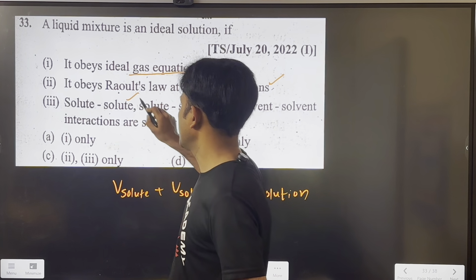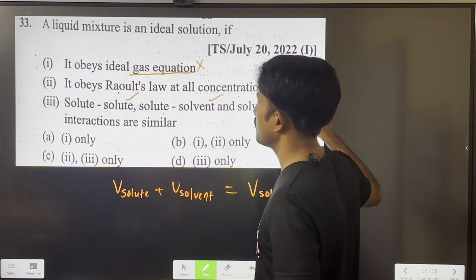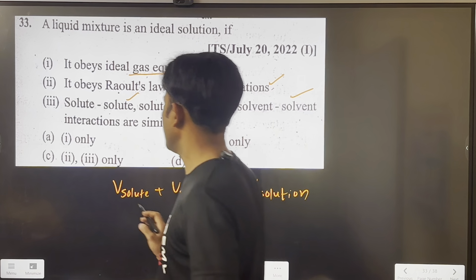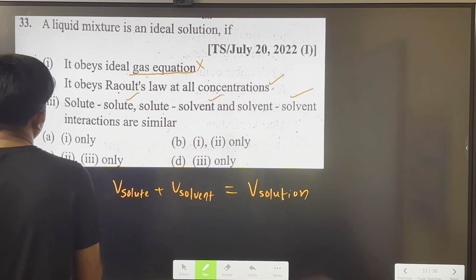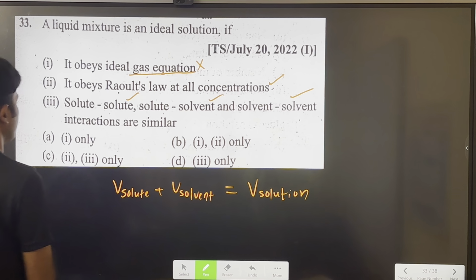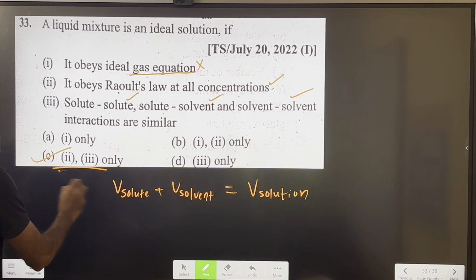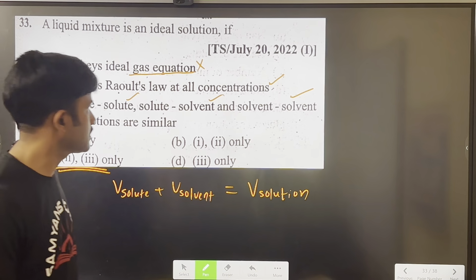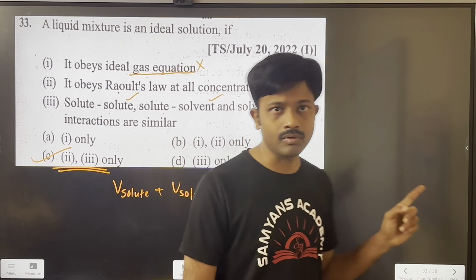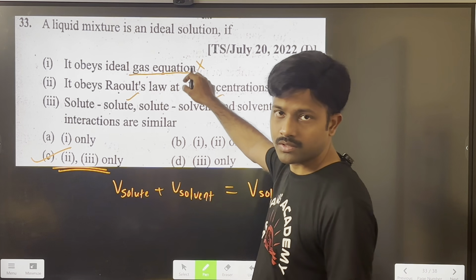And the solute-solute, solute-solvent, and solvent-solvent interactions are similar in ideal solutions, right? Then which options are correct here? Option B, 2 and 3. Where is it? Yes, option C. So option C is the correct answer. The ideal gas equation is related to states of matter, PV equals nRT, so we need not consider this option.